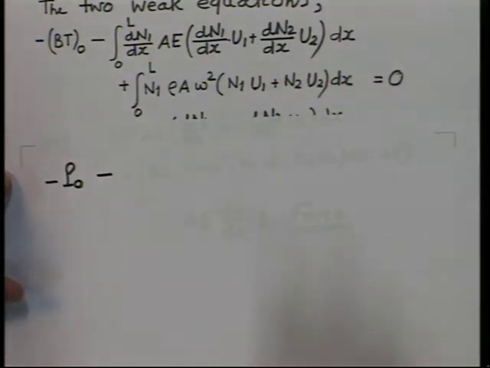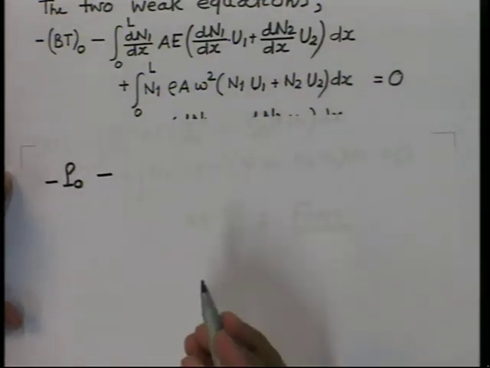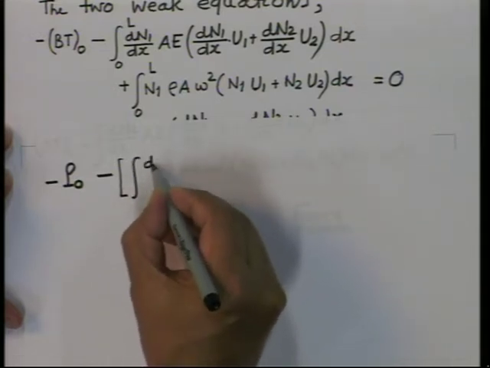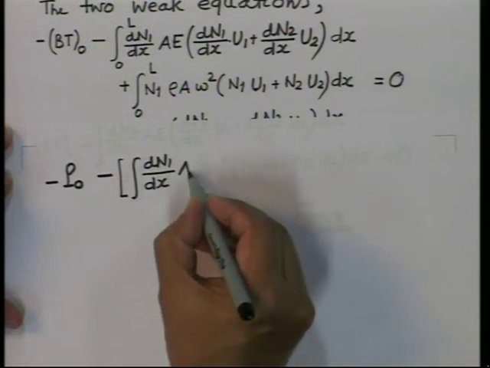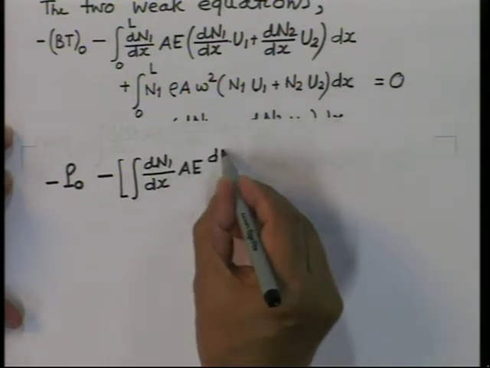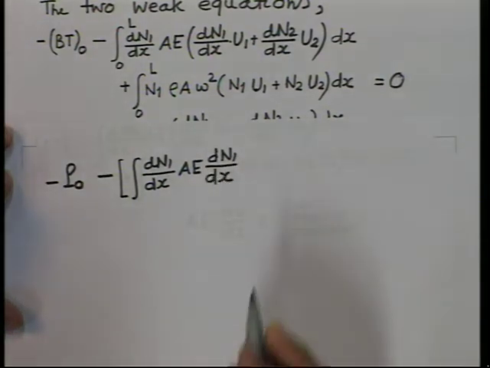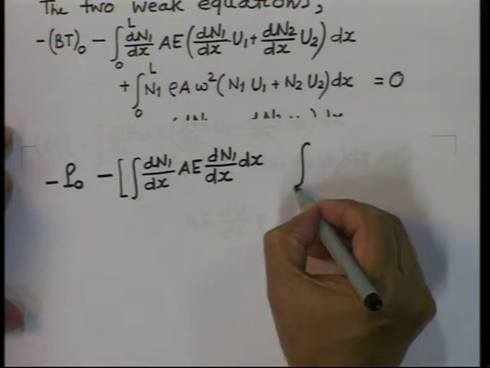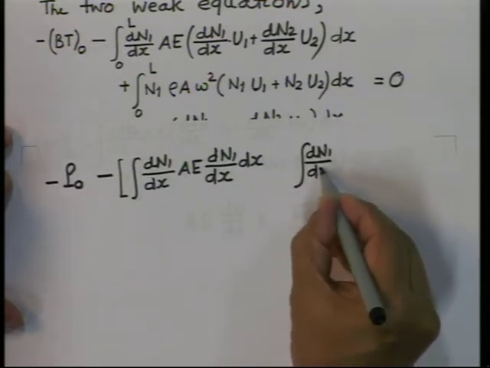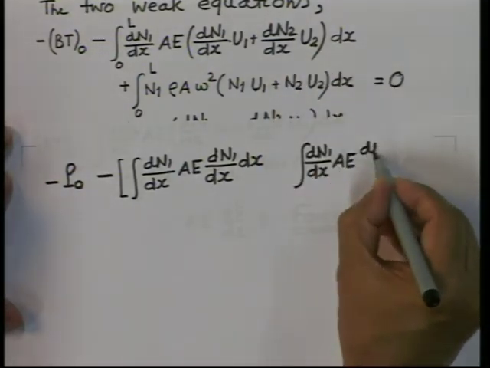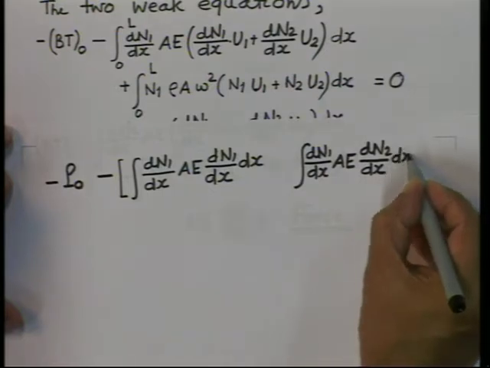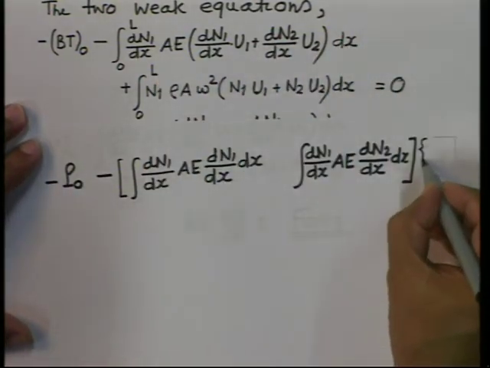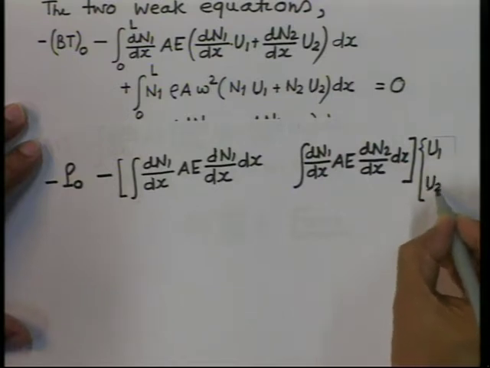So, u 1 and u 2 can be taken out, and what we will get is the integral of dn 1 by dx times dn 1 by dx, and another term dn 1 by dx A dn 2 by dx, multiplied by u 1 u 2.